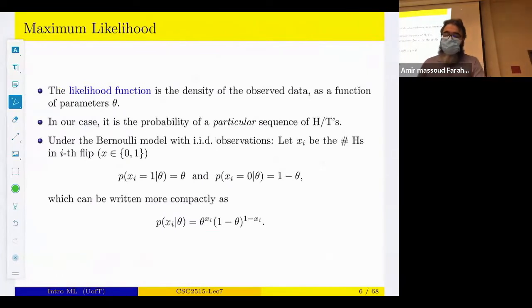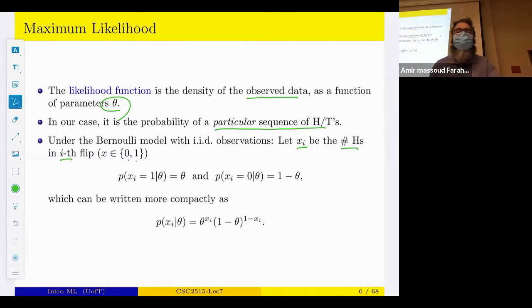So we had seen the likelihood function, which is the density of observed data as a function of the parameter. So in our case, it's the probability of a particular sequence of heads and tails. Under the Bernoulli model with IID observations, let x_i be the number of heads in the ith flip, and x_i would be either 0 or 1.